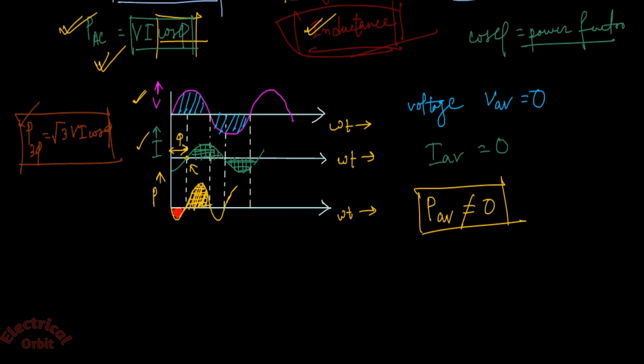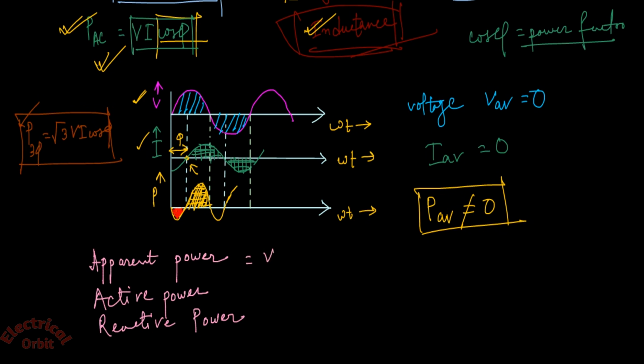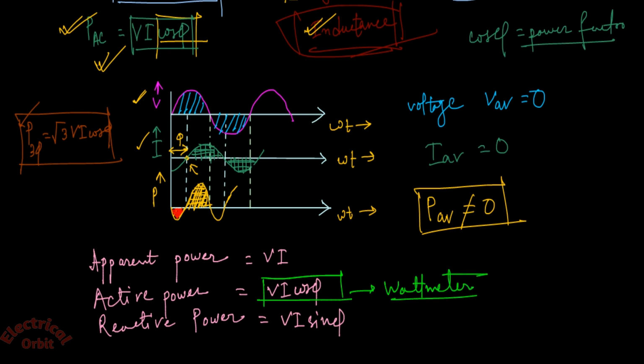Now we have to know how many types of power there are. Generally three types of power are there: apparent power, active power, and reactive power. The expression of apparent power is VI, active power is VI cos phi, and reactive power is VI sin phi. Our wattmeter is used to calculate this active power, or VI cos phi.